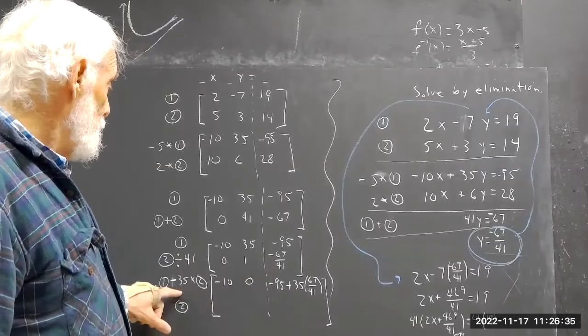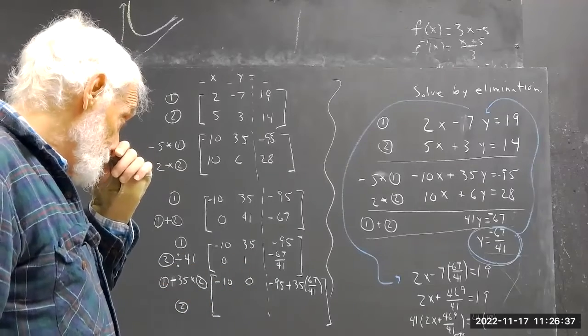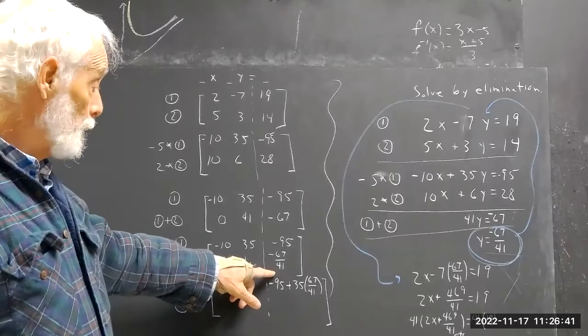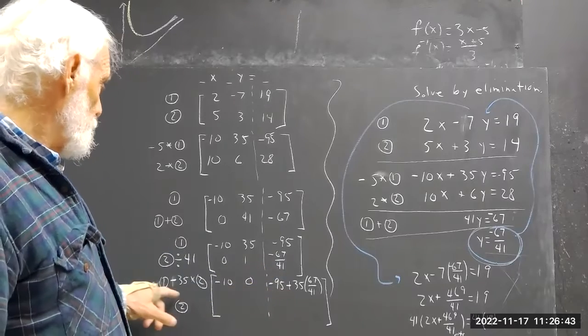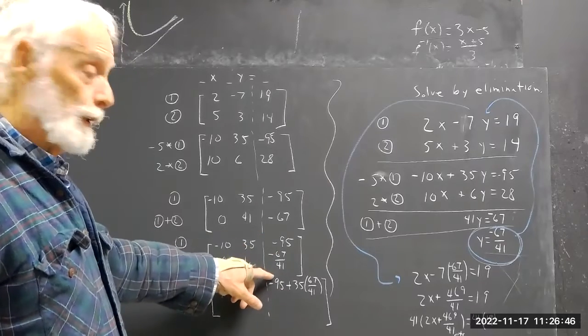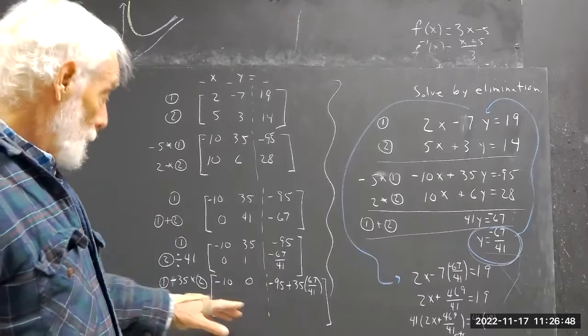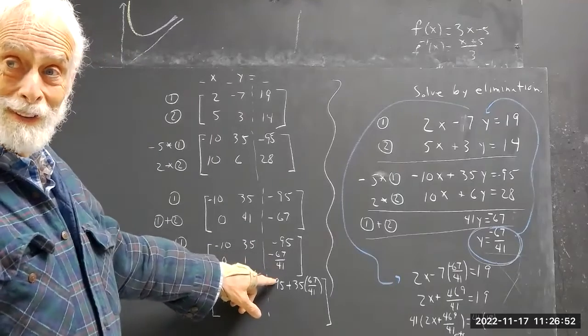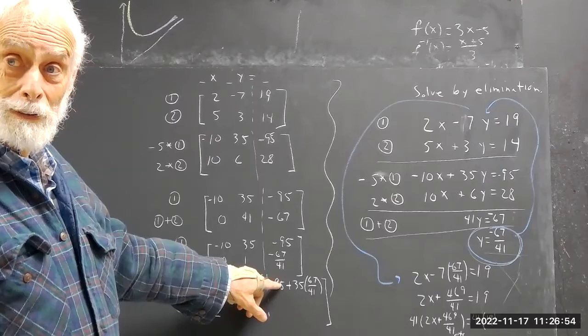Then I've got to do negative 35 times negative 67 over 41, which is going to give me positive 35 times negative 67 over 41. I'm not going to write that down in my second row because I like my second row the way it is. It tells me y equals this, right?